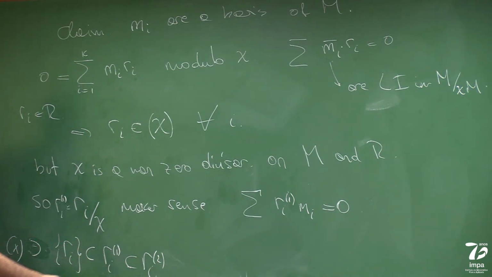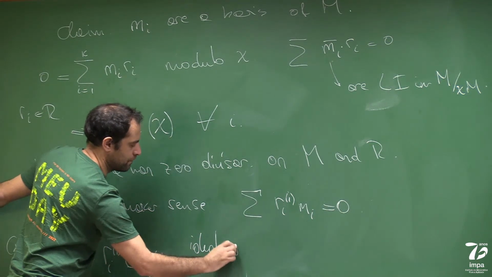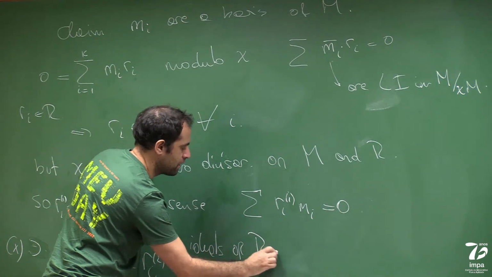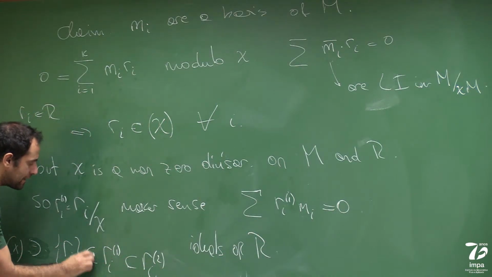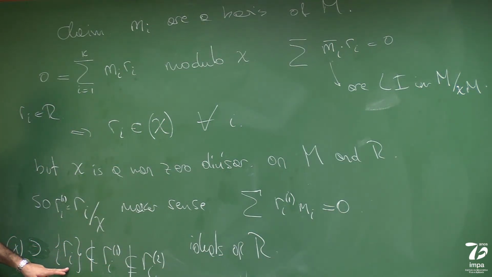And these are all ideals inside of R. And you know that these are strictly larger because each one of these generators is the division by x of the generators in the previous one. Okay?